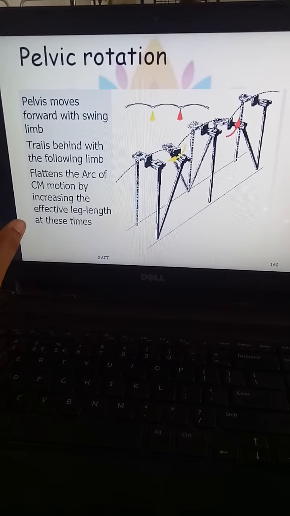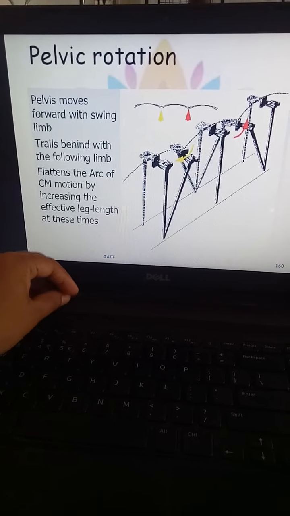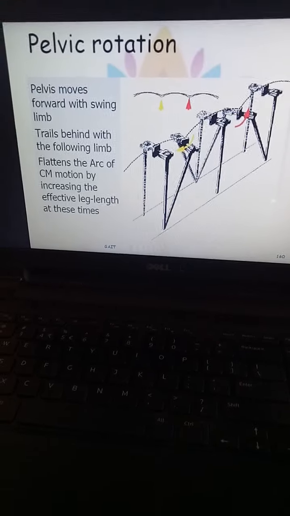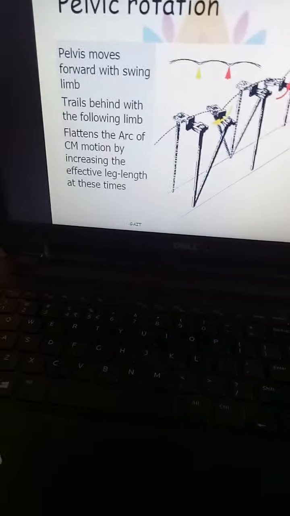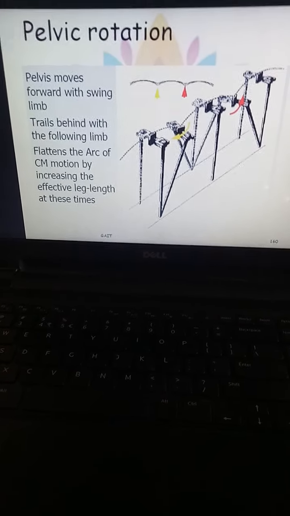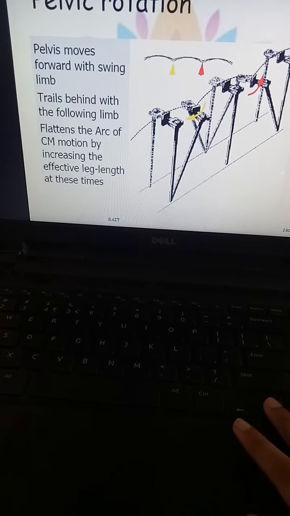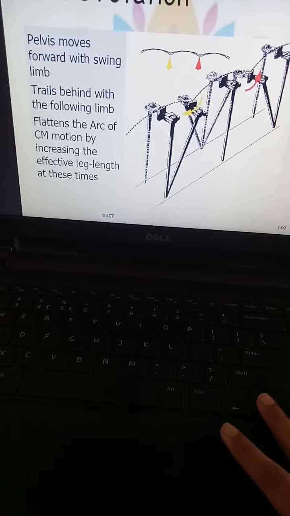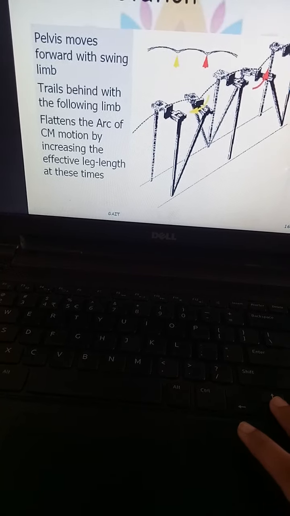At that time, the pelvis of the swing side limb will be moved forward. It trails behind with the following limb. This flattens the arc of the center of mass motion by increasing the effective leg length at this time.